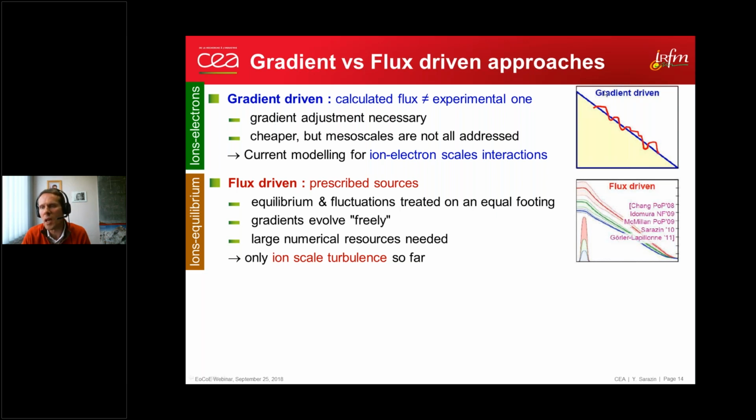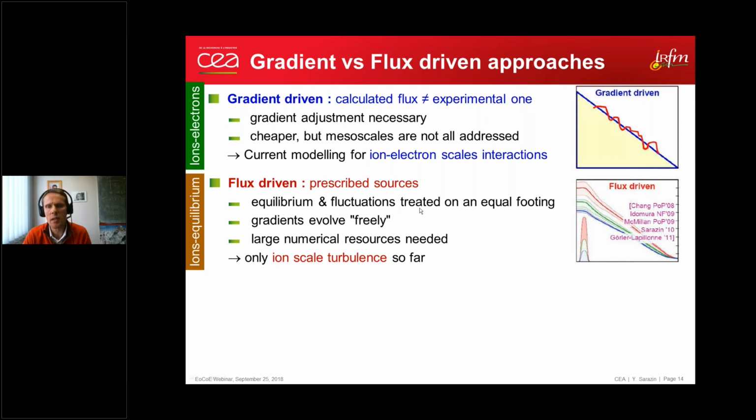It means, and this is sketched on this diagram here, you prescribe a given equilibrium gradient, which will remain constant in time during the simulation, on top of which you allow the fluctuations to develop. And those fluctuations develop at the ion scale and the electron scale. And what you're then interested in is the coupling between those two scales, which are small scales with respect to the equilibrium.